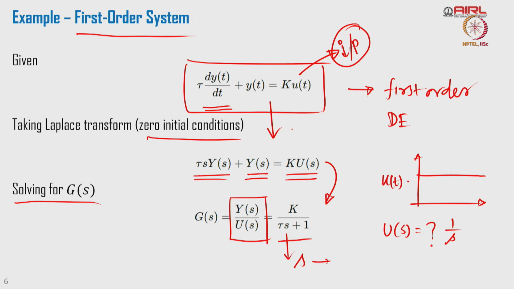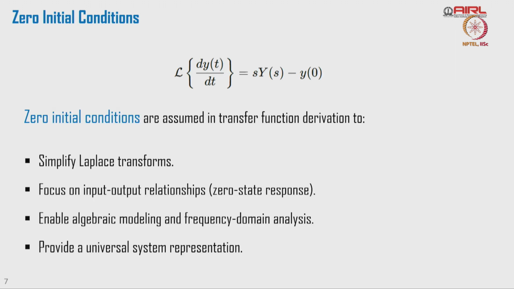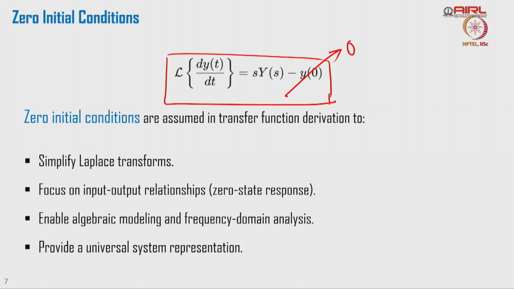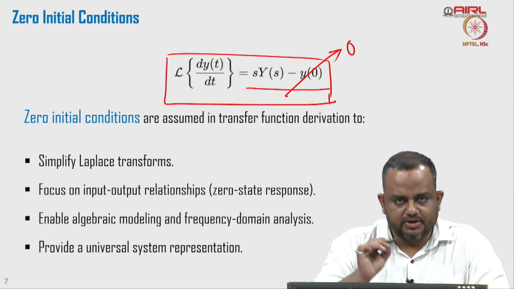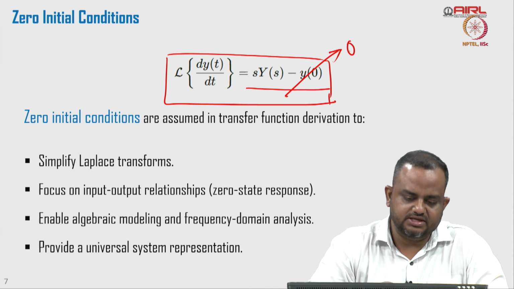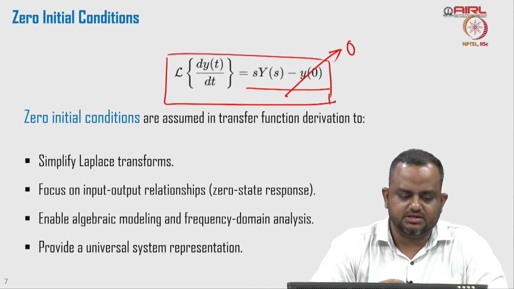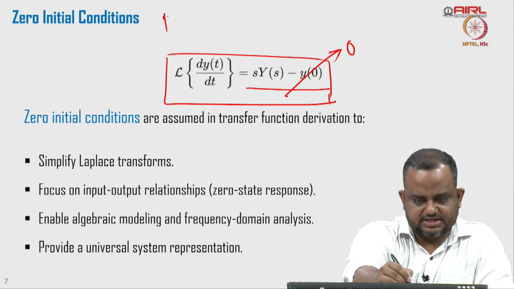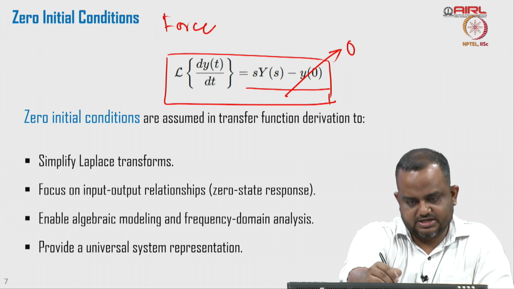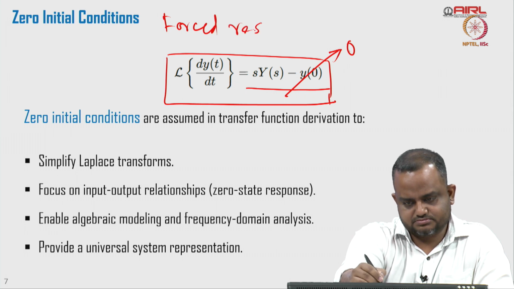Fine. Okay. Now, I told you that we are talking about 0 initial conditions. So, this y(0) or whatever is there becomes 0. You can remember that when we were taking the Laplace transform of a derivative of a signal y(t), it was becoming something of this shape, but when we talk about transfer function, then we take the initial conditions as 0, because that is the forced response we are interested to check.